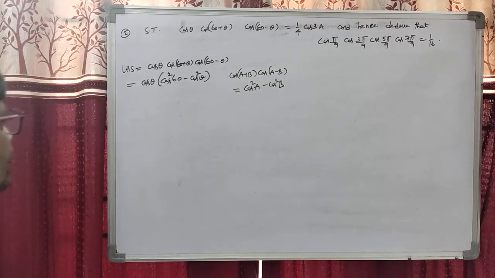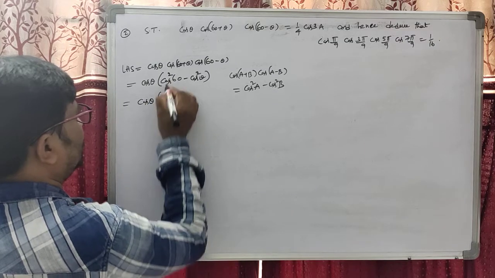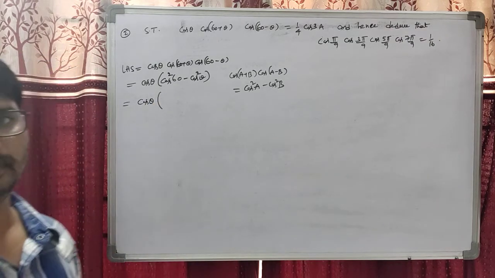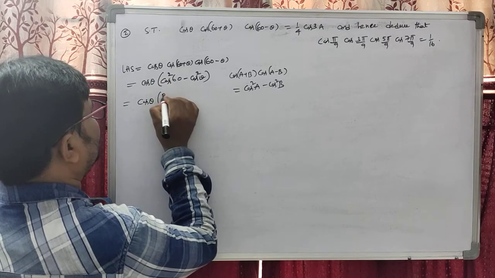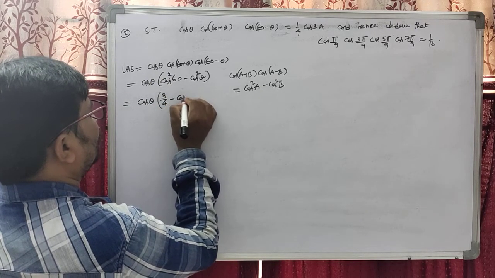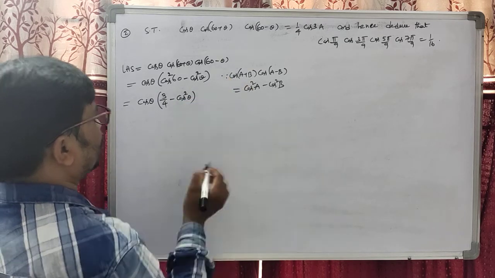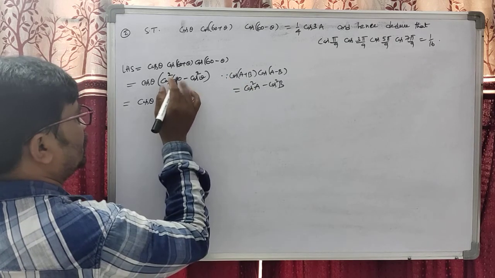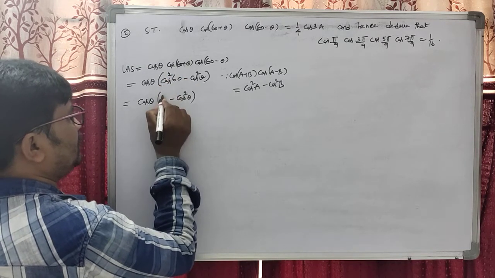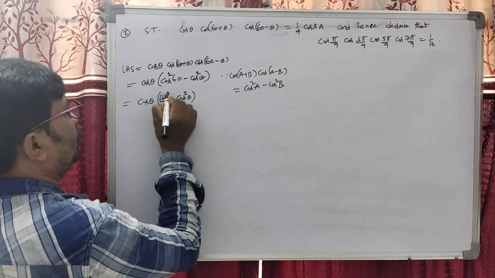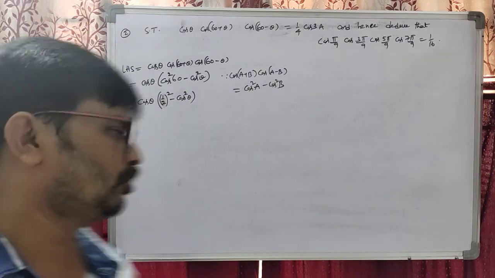This is, students, we can write as cos theta, root 3 by 2 whole square. What is it, students? Root 3 by 2 whole square is 3 by 4 minus cos square theta. Okay students, therefore cos 60 is, what is it, students? Cos 60 is 1 by 2, whole square.